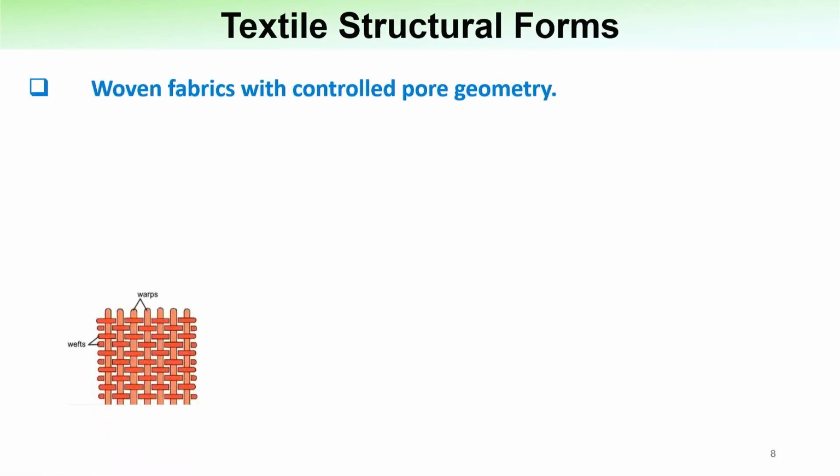And what are the different types of textile structures for this filtration? So, woven structures are used where the fabric is required to block the particles on one surface.